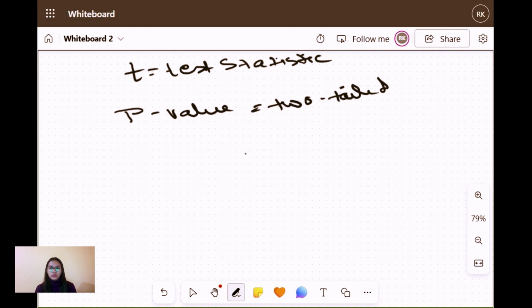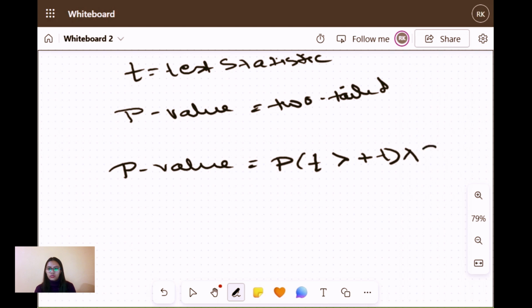So the p-value is two-tailed means the p-value is nothing but the probability: if t is positive, then we will take the probability of t greater than plus t, and as we have two tails, we will multiply this probability by 2.